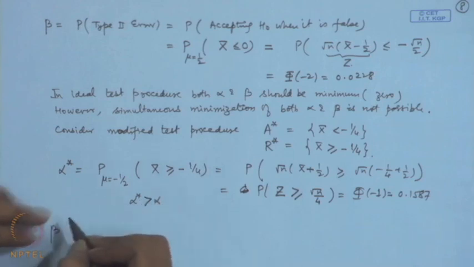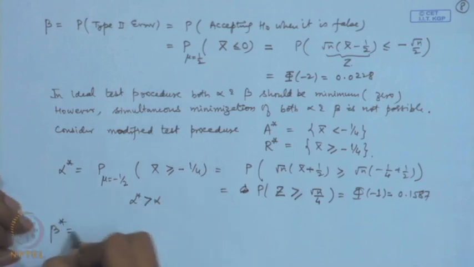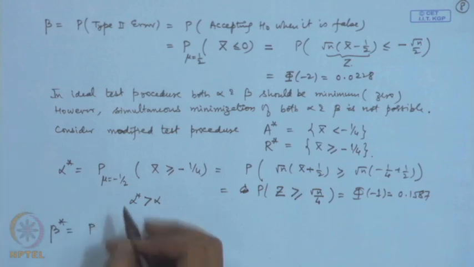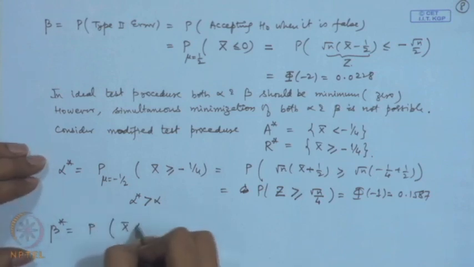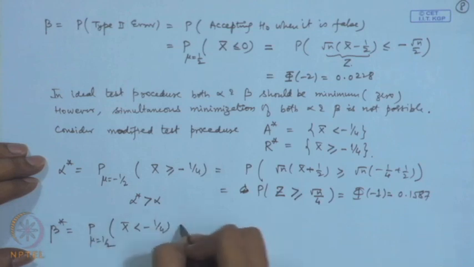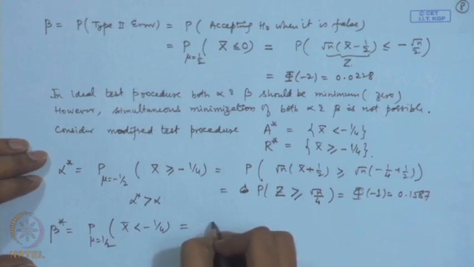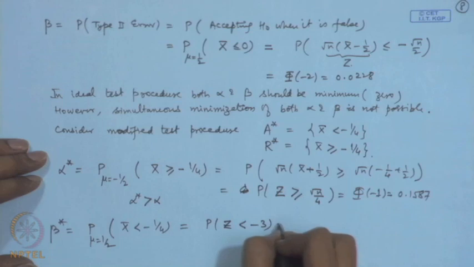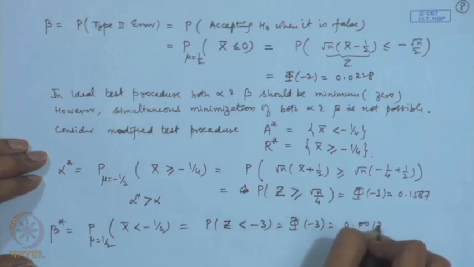Let us calculate beta star here, that is the probability of x bar less than minus 1 by 4 when mu is equal to plus half. Arguing in the same way, this value turns out to be the probability of z less than minus 3, that is phi of minus 3, that is 0.0013.